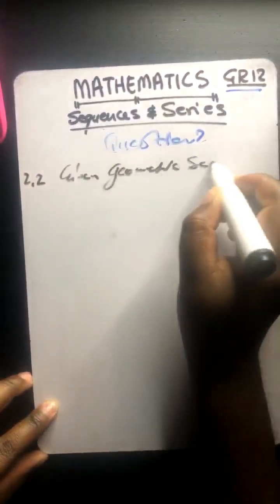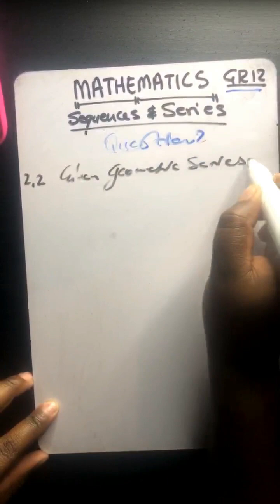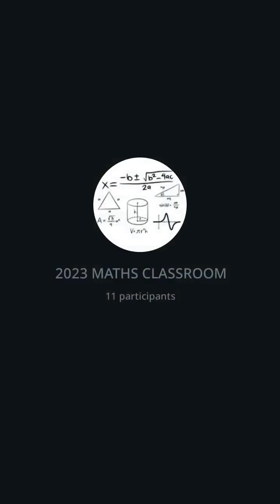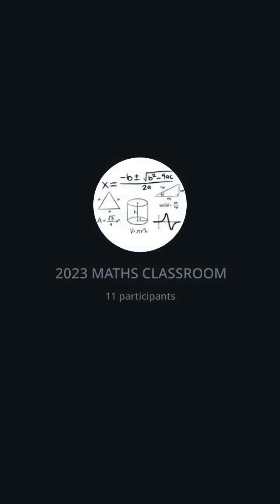Geometric series comes in different ways. Look at this one. You're given 5 over 8 plus 5 over 16 plus 5 over 32 plus whatever, and when all of them add together, they are equal to k. You guys see the question in the group before I continue?